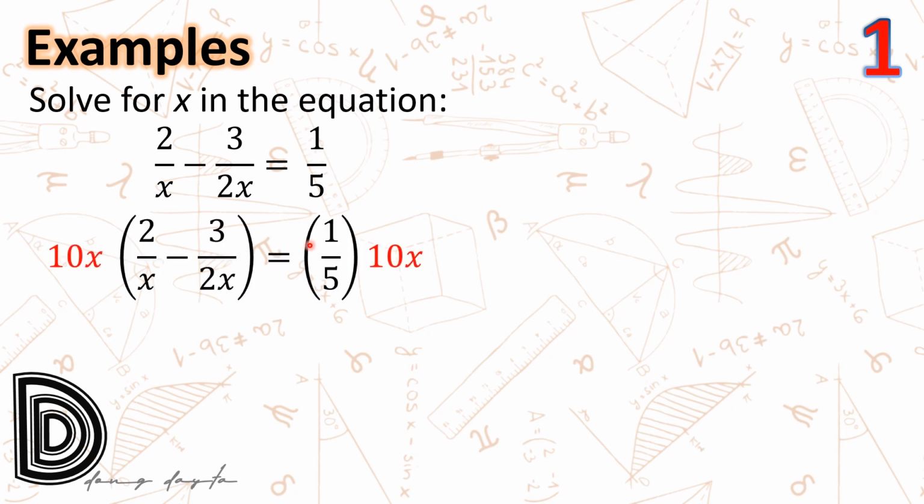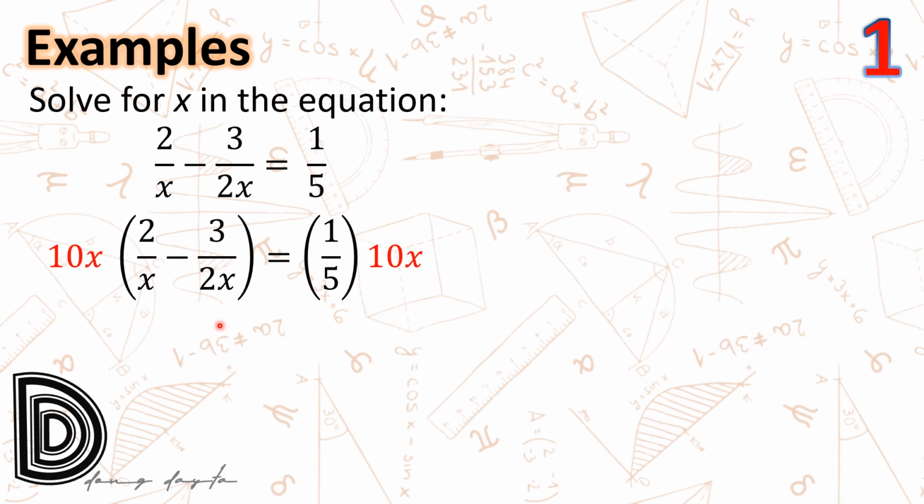So 10x times 2 over x minus 3 over 2x. On the other side, 1/5 times 10x. On the first term, x cancels, so that will be 10 times 2, 20. On the second term, 10x over 2x is 5, so that will be 5 times negative 3, so negative 15.